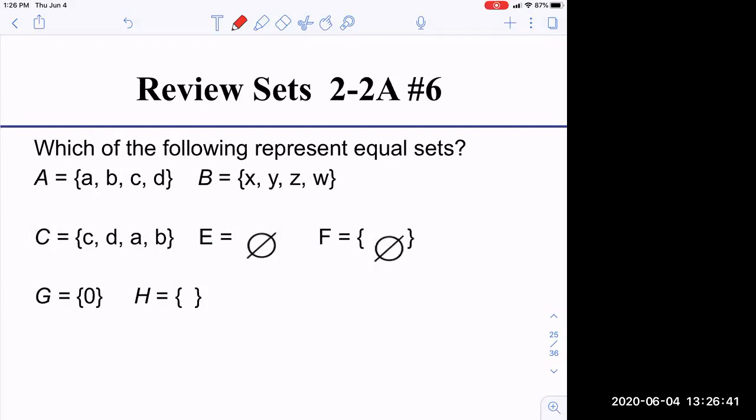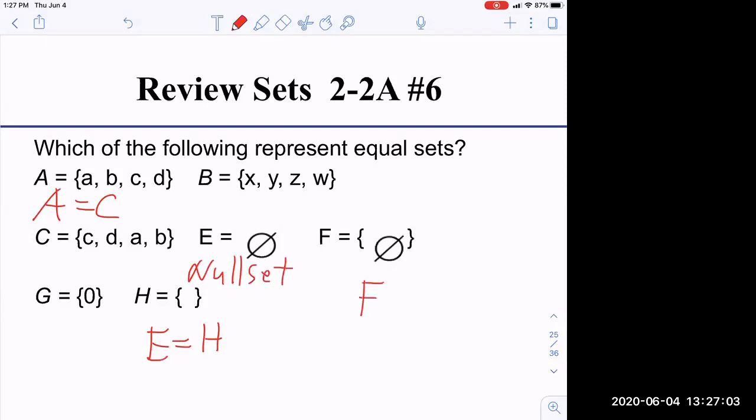Okay, very quickly, looking for equal sets. Looks like A is equal to C. B is not equal to any of them. This is interesting. E is equal to H because they're both the null set.